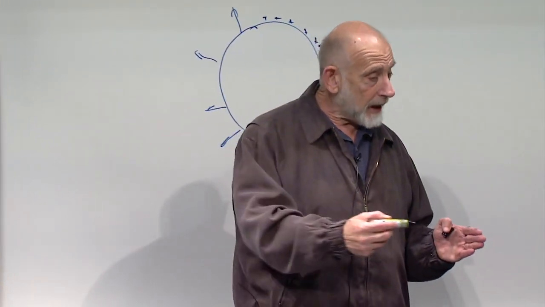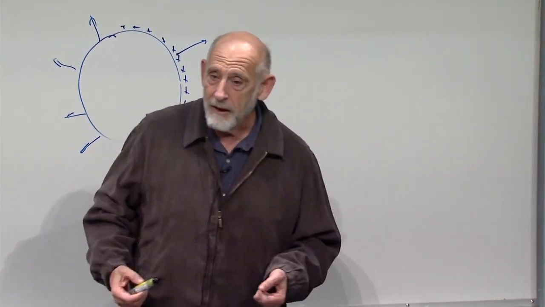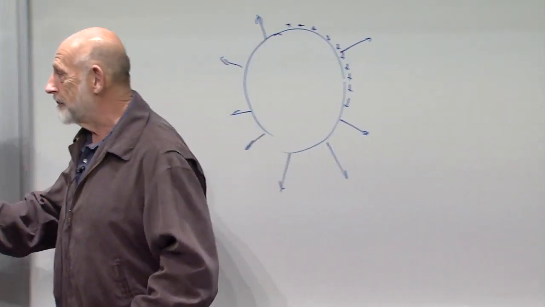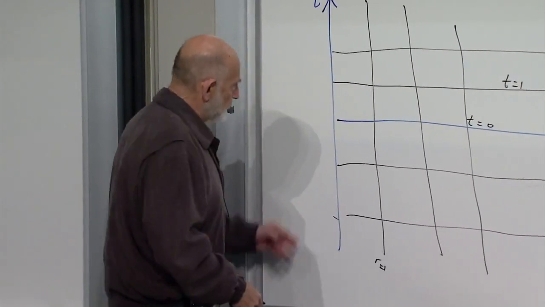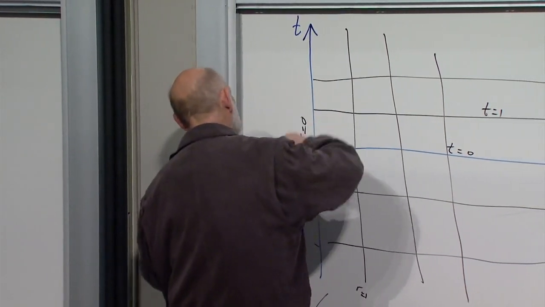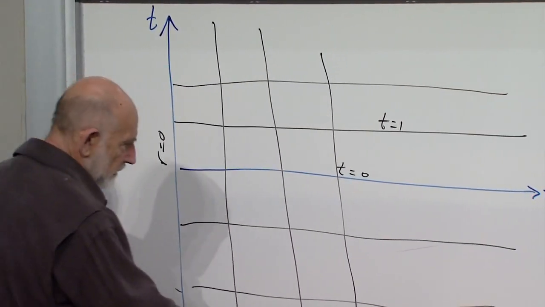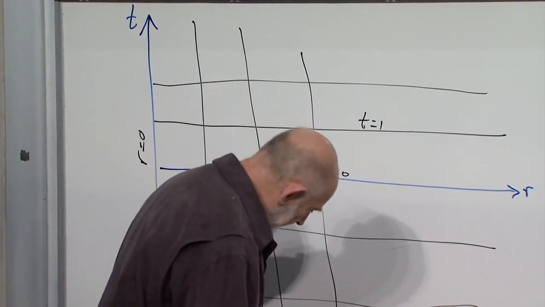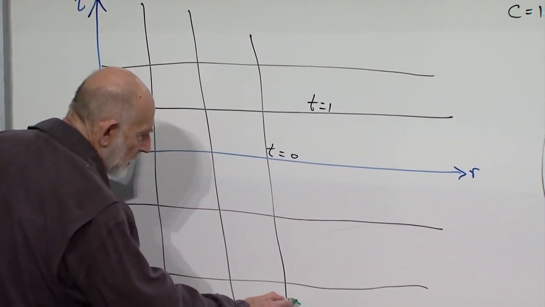If it happens to be aimed right to the origin, it will go to the origin and then go back out. On this diagram, it will appear to bounce, to reflect off the origin. Here's r equals 0. And so a light ray coming in from long in the past would look like, I think I'll use another color, a light ray coming in from the past will look like this.